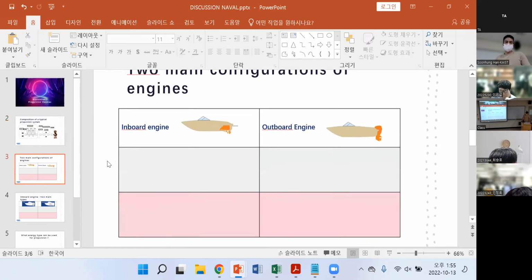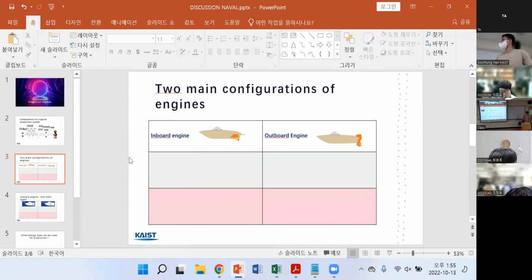There are 2 main configurations of engines: the inboard engine, where the engine is located inside or under the boat, and the outboard engine, where the engine is at the stern of the boat.